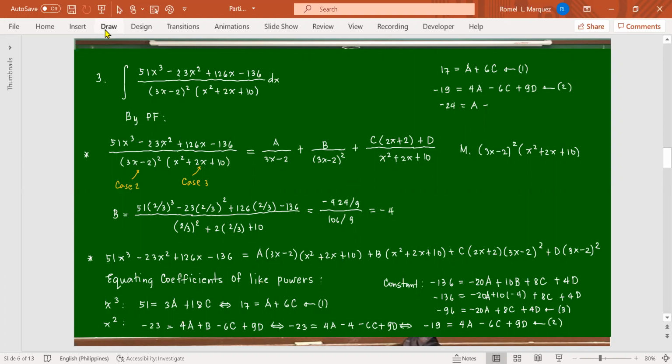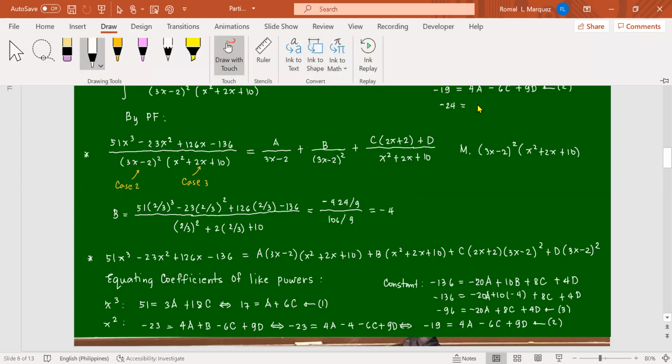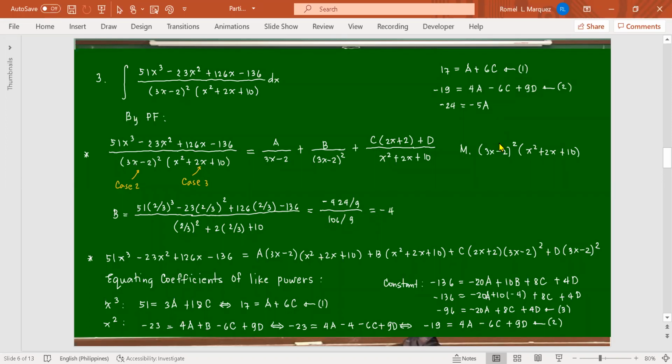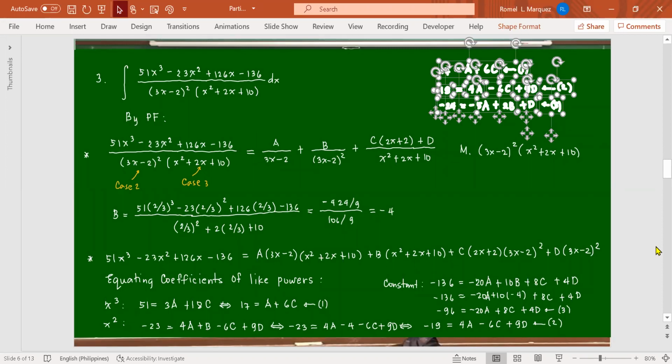Sorry, this is when divided. This is what I am dividing, not this. This one. Divide by 4, negative 24, negative 5A. This is the one that I am dividing. Plus 2B, divide by 4 plus D. So this is our equation number 3. Okay, guys? Let's copy all of this. And we're going to solve them simultaneously. Here. Put them in here.